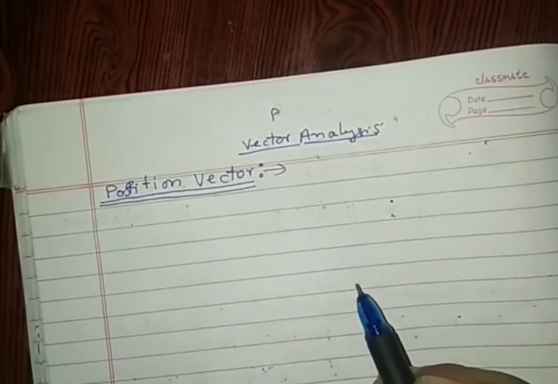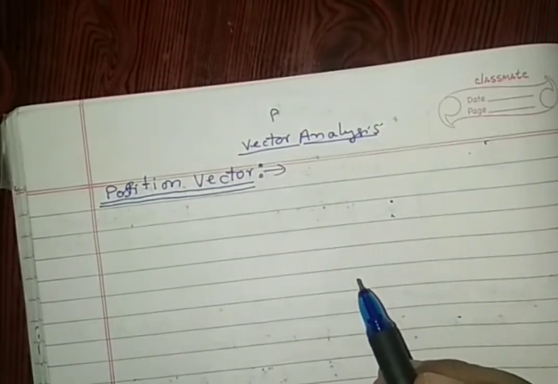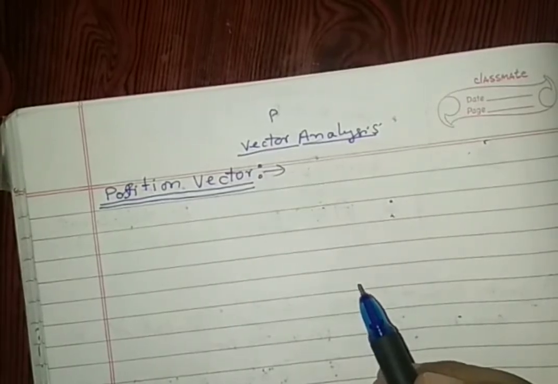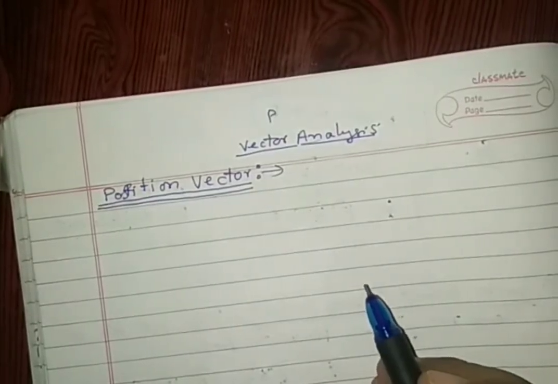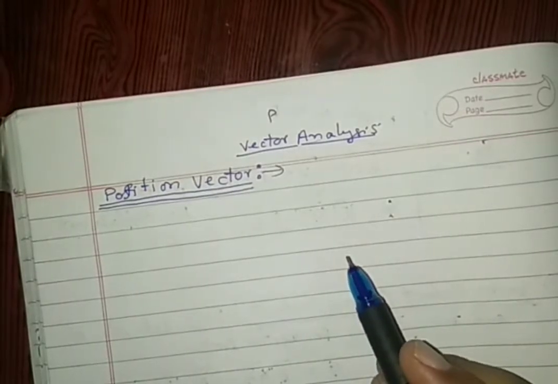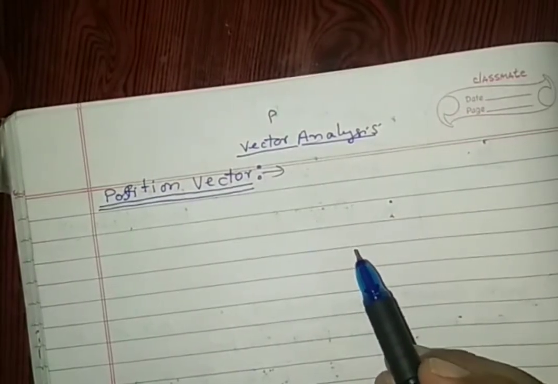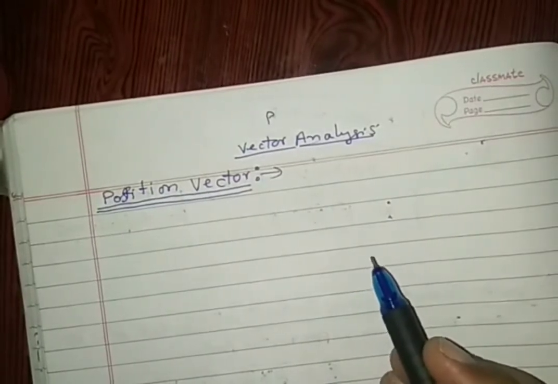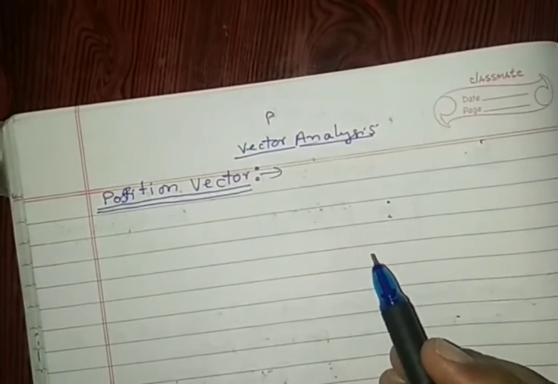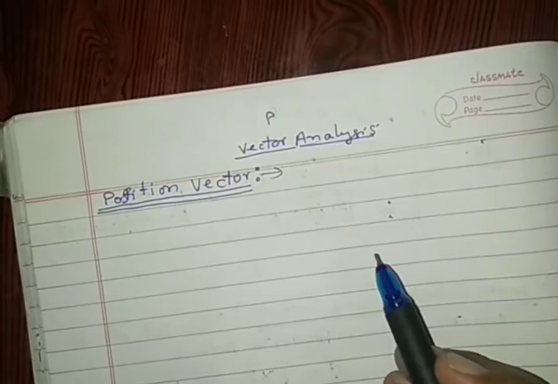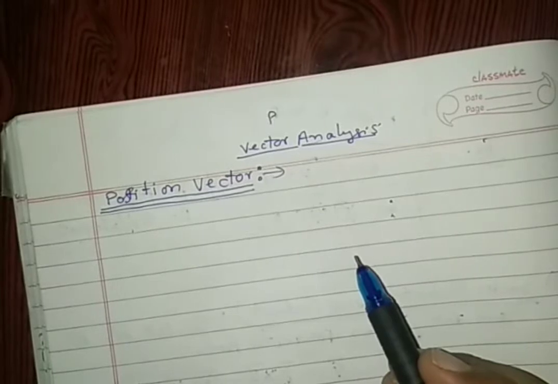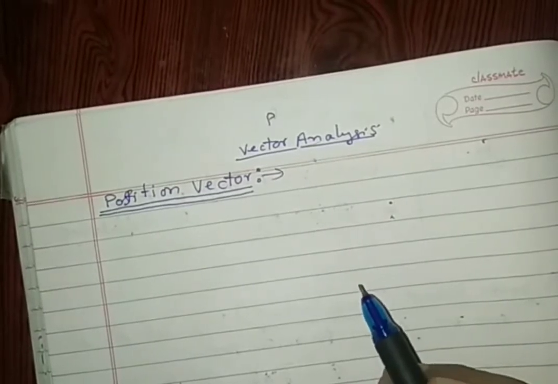I have completed two parts of the video lecture on vector analysis, part 1 and part 2, in which we have seen what a vector is, its types, and its fundamental operations: addition, subtraction, and multiplication in various ways.